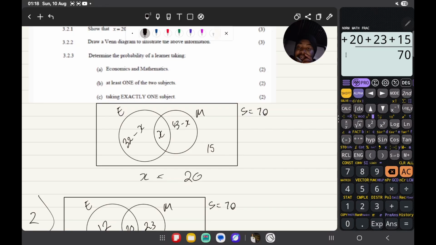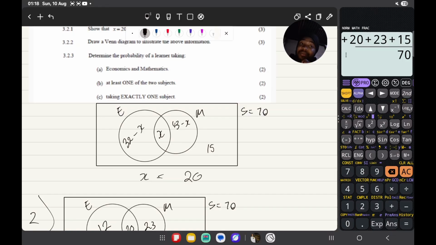Determine the probability of a learner taking at least one of the 2 subjects. So that is English. Most people would get this question wrong because of English, and once you can see through it, you have it.